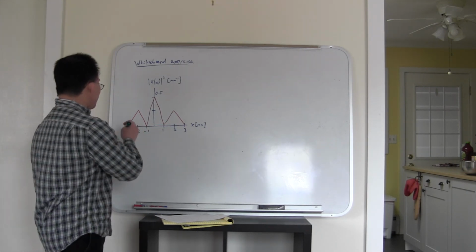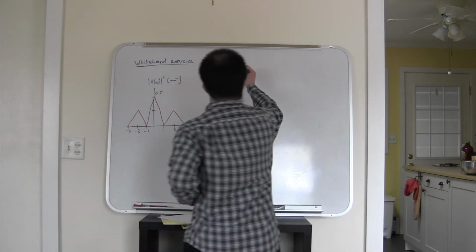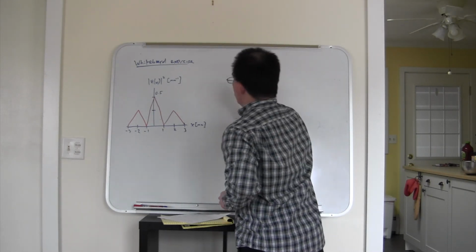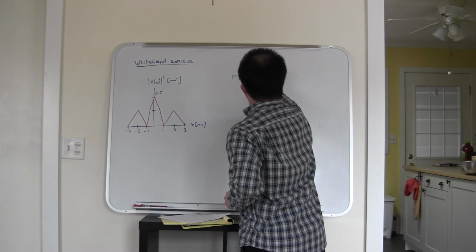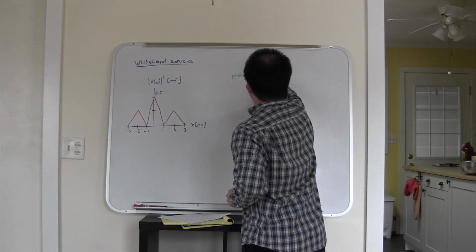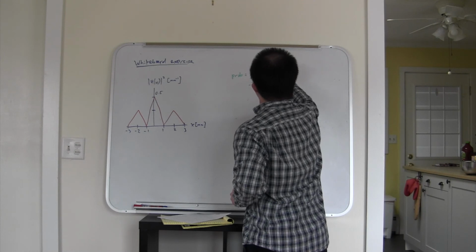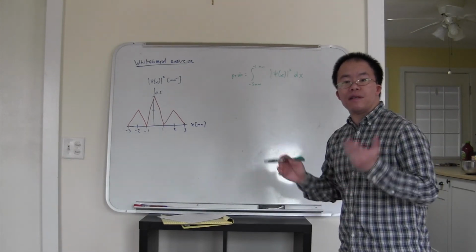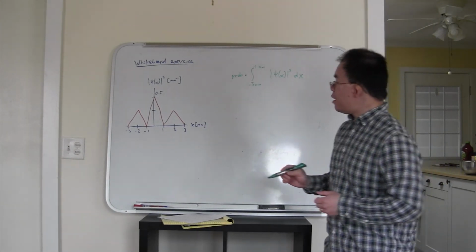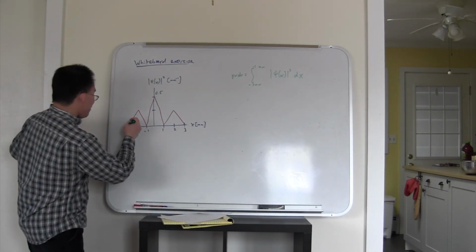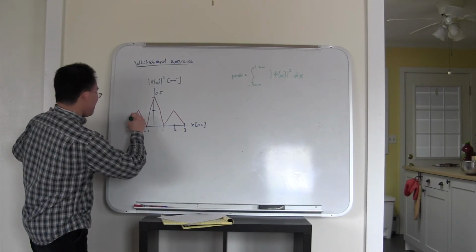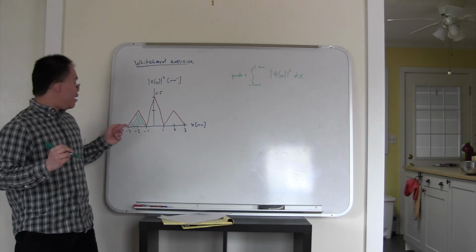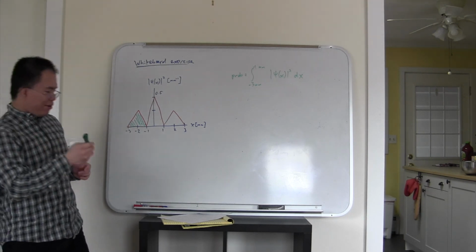Well, that probability is going to just be given by the integral of our probability density between -3 millimeters and -1 millimeters. But looking at this graph, that integral is none other than the area under the graph over here. So if I shade this green area in, it's simply the area of this triangle.